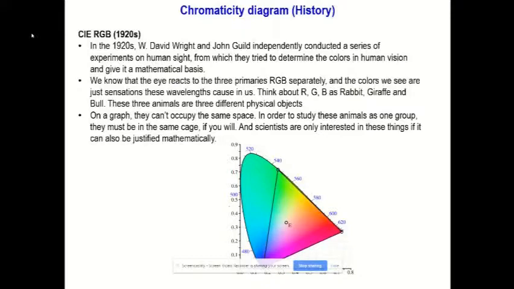and John Guild. These two persons independently conducted a bunch of experiments on human sight, and then they tried to determine the colors that the human eye can perceive and give them a mathematical basis.